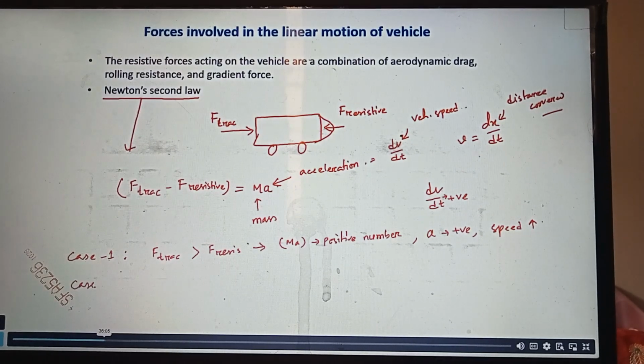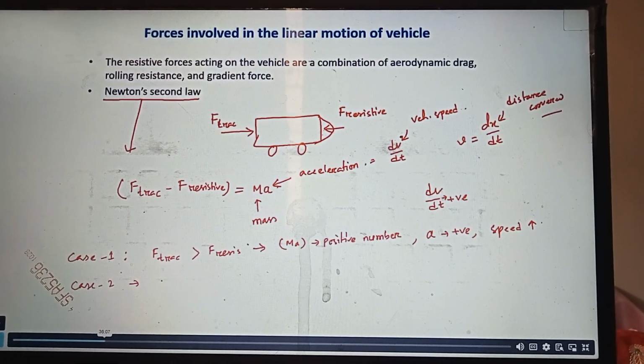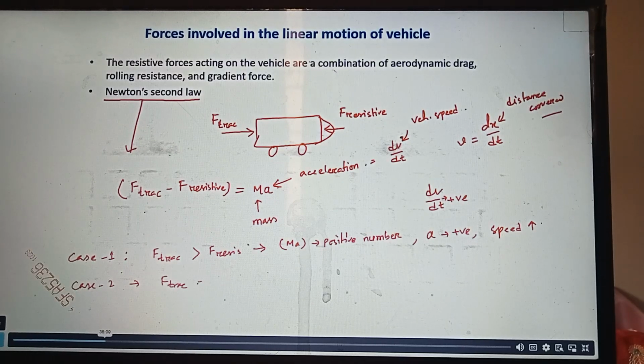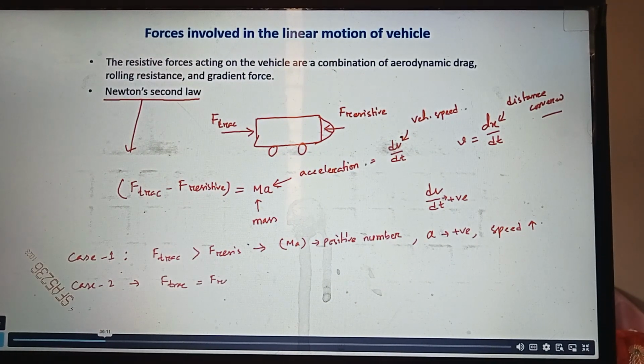Case 2: if tractive force is the same as resistive force, then MA becomes 0, right? Because the resultant force acting on the vehicle will become 0. So acceleration 0 means dv/dt equal to 0.